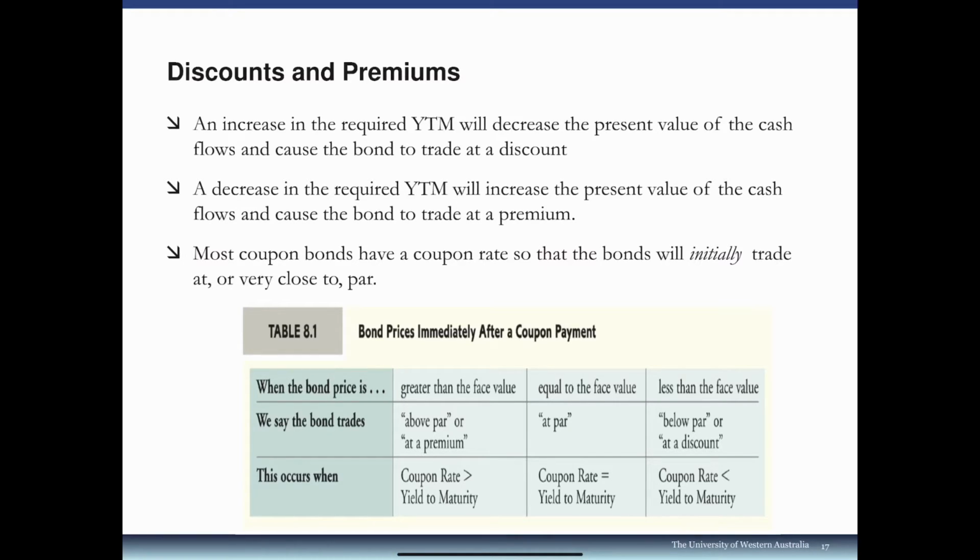That means you are less willing to lend them at the same amount, so you'll be willing to lend them at a lower amount. And vice versa, a decrease in the required yield to maturity will increase the present value of the cash flows and cause the bond to trade at a premium. And most coupon bonds have a coupon rate so that the bonds will initially trade at or very close to its face value, which is at par.